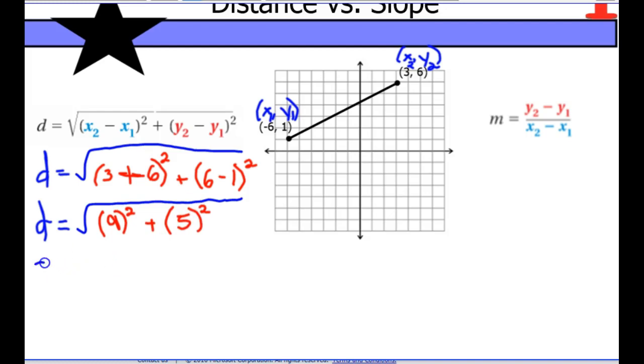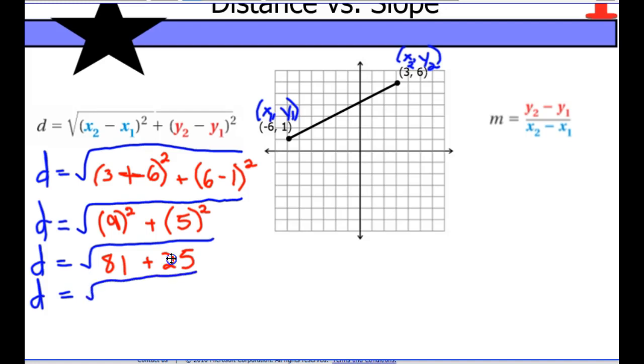So now after our parentheses, we have to do our exponents. So 9 squared, which is 81, plus 5 squared, which is 25. So now we need to find the square root of 81 plus 25.